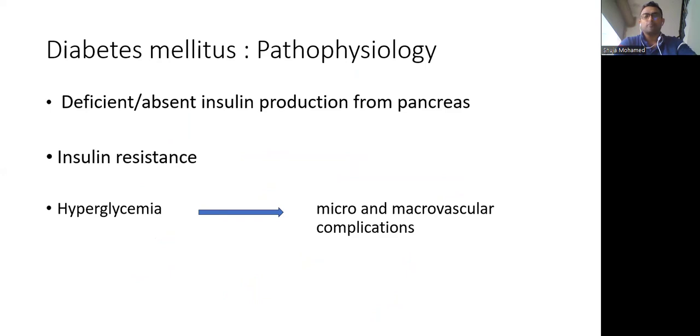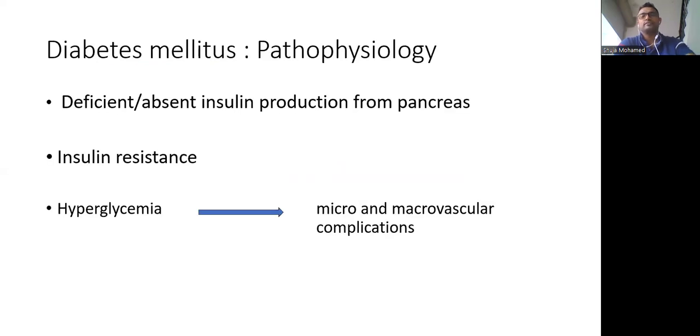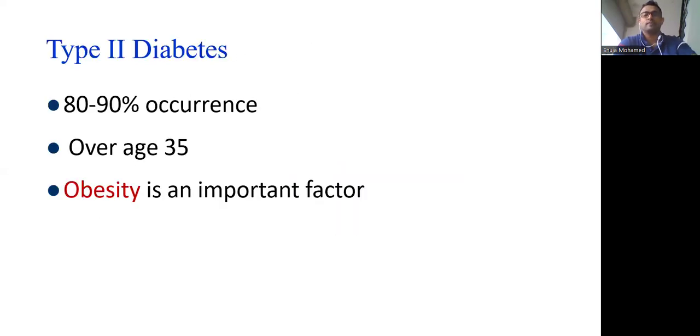So you know what are micro and macro complications. Type 2 is where insulin resistance comes in, usually occurs over age of 35.